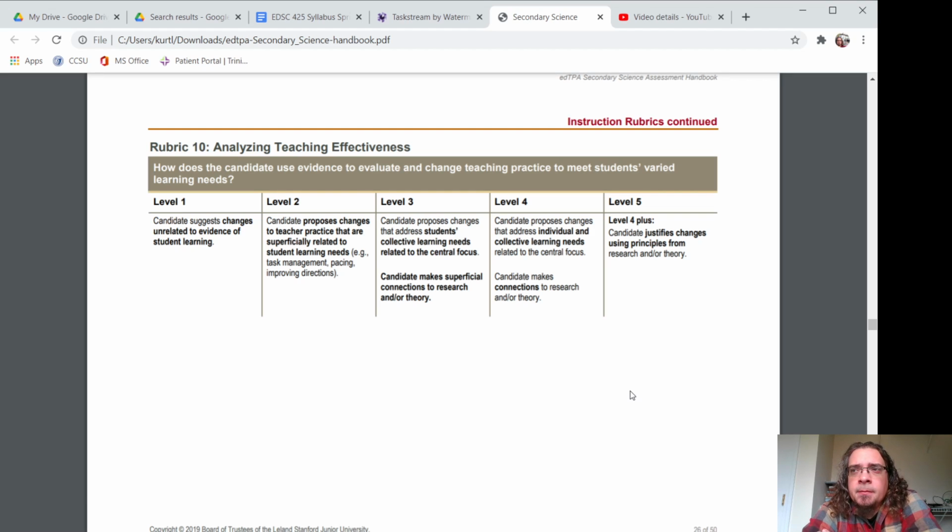But nobody expects the students to be perfect. It really comes down to you and how you're interacting with them, how you're supporting them, how you're getting them to ask questions about content, how you're getting them to interact with each other, and how you're connecting to research and theory along the way to make whatever decisions you're making.